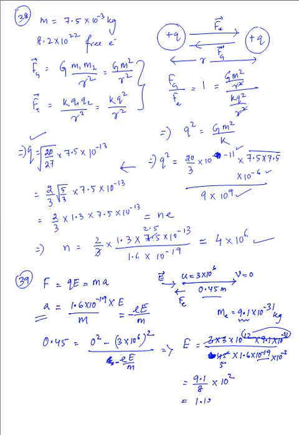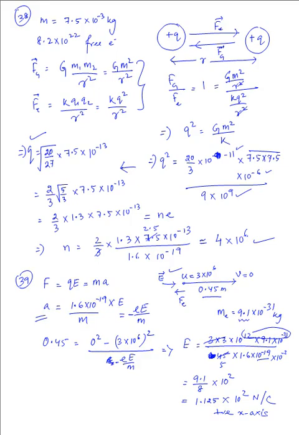So we'll keep it to that, and this is 10 to the power 2 newton per coulomb. And in what direction? Obviously E was acting along the x-axis, because in that case it will be dragging the electron backward, so it's going to be along the positive x-axis. So that's the direction as far as that of the electric field is concerned.